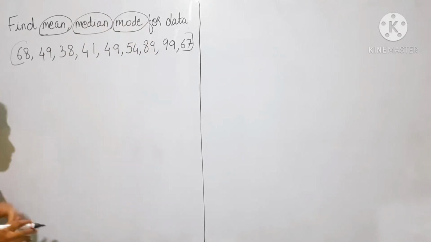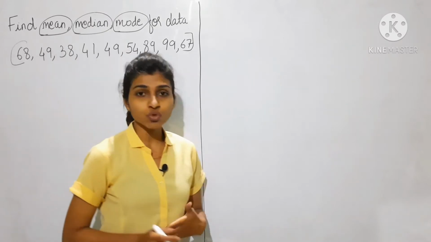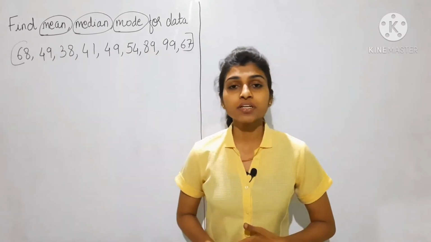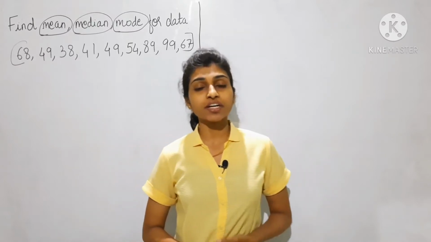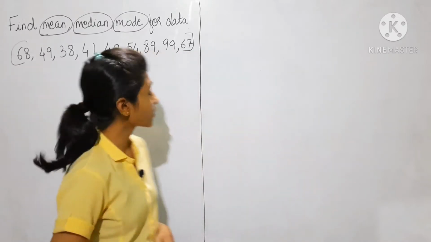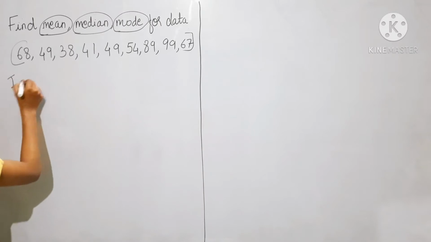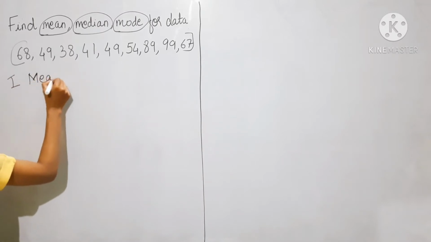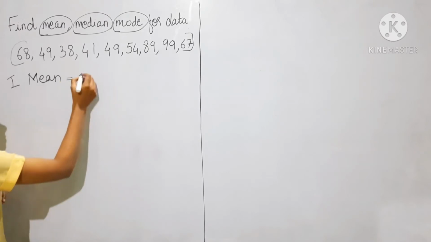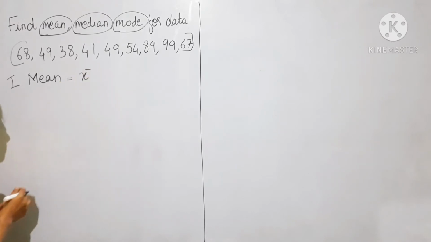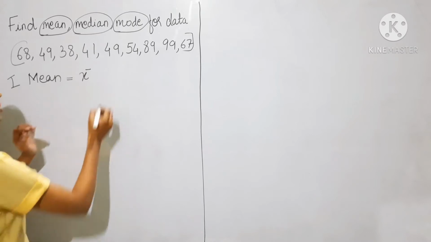To calculate mean, the formula is the sum of observations divided by the number of observations. So first we will find the mean. Mean is also called x bar, the arithmetic mean.